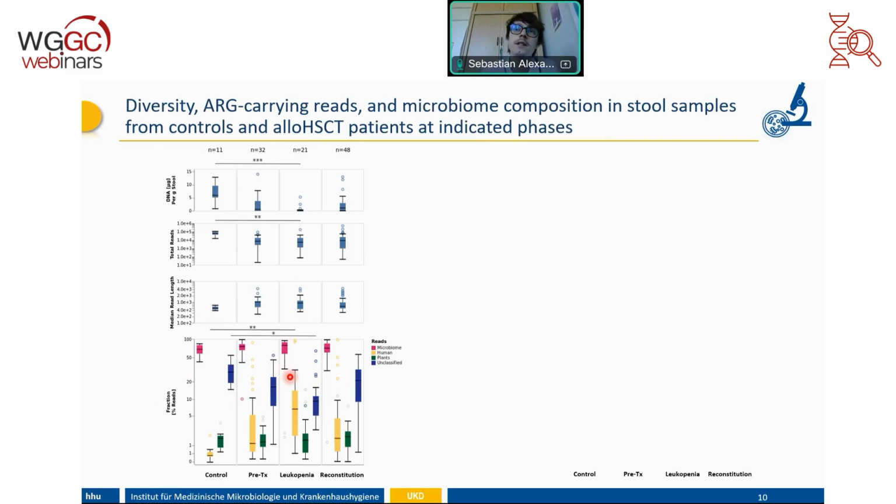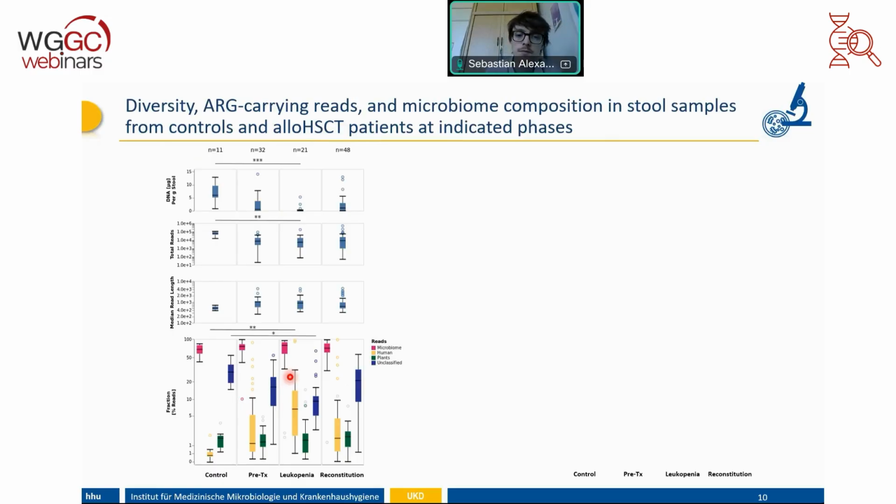Maybe these are some species which were not in our database. Maybe the quality of these reads was not good enough to analyze them with our database. In the future, we want to look at this because I think it's very interesting. Maybe we find something new here, but we have to develop methods to analyze this unknown dark matter of the microbiome.